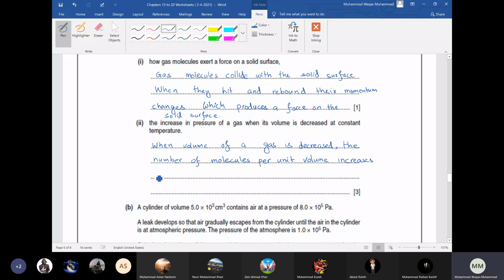Okay. And beta, so the number of collisions per second increases, hence pressure increases.